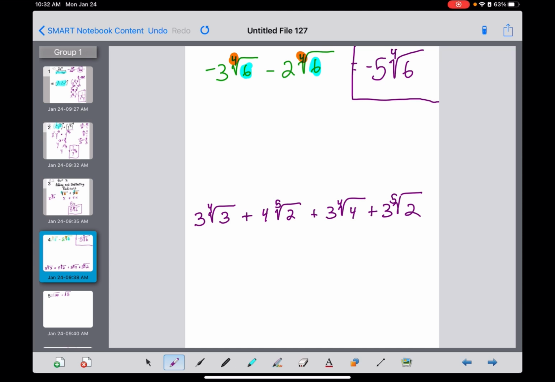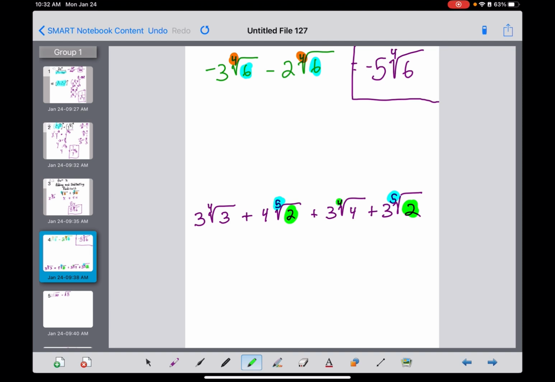If I look at this, I only have 2 of them that are like terms. Indexes of 5, radicand of 2. So I can combine those.